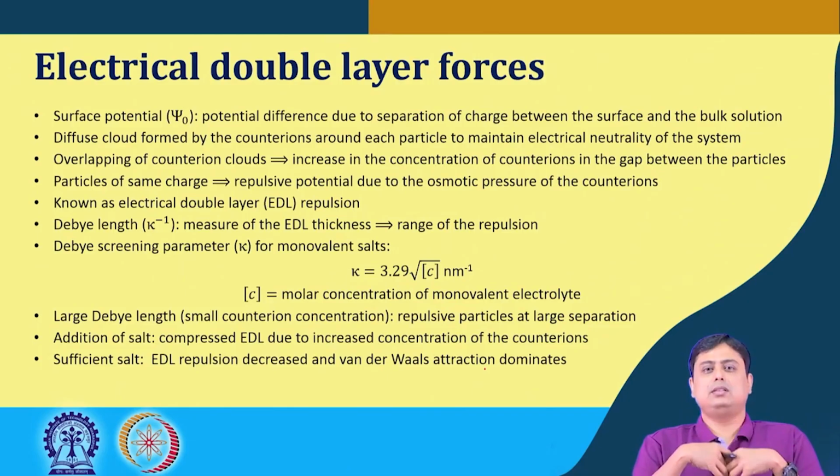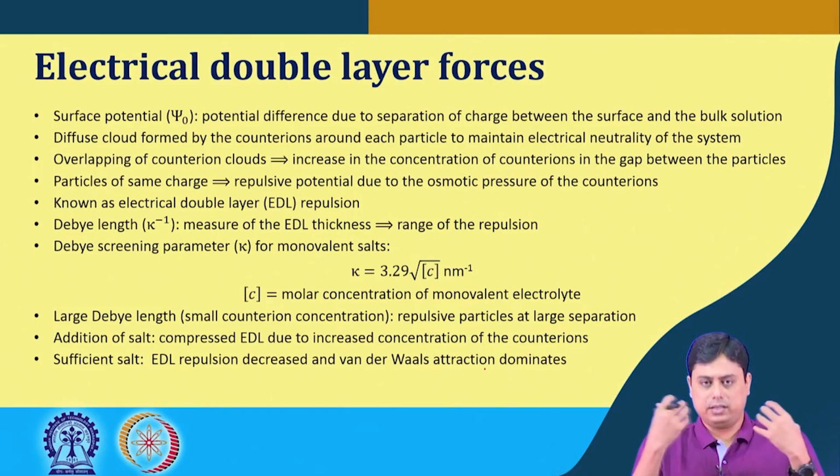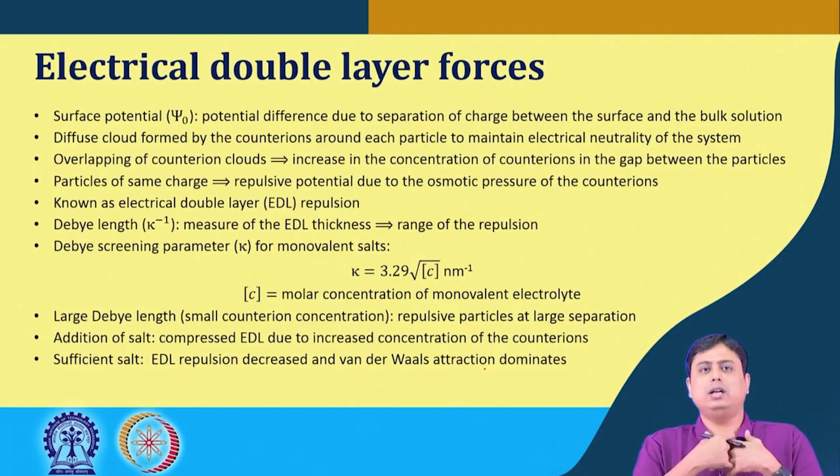This counter ion thickness and its repulsion we call the electric double layer repulsion. It is quantified by the Debye length.